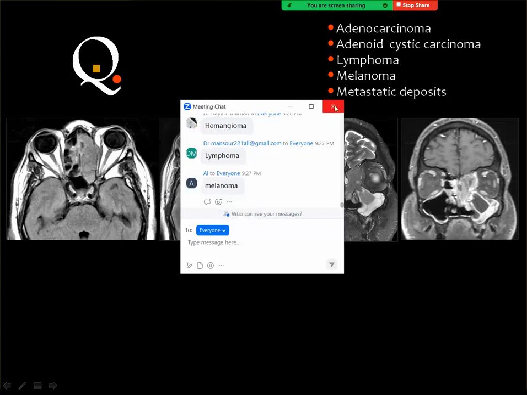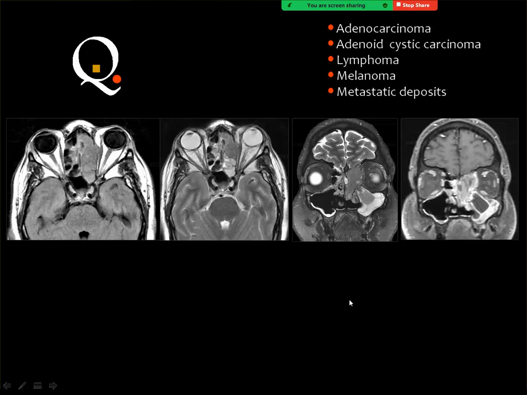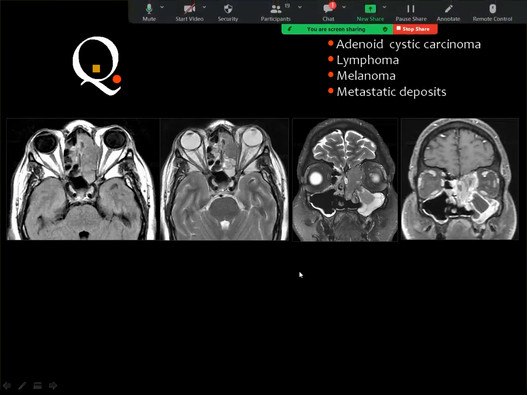Actually, as I have mentioned, the most common lesion in the paranasal sinuses is the carcinoma. And carcinoma may be the squamous cell, which is the most common, may be adenoid cystic carcinoma or mucoepidermoid carcinoma, like those arising from the salivary glands.